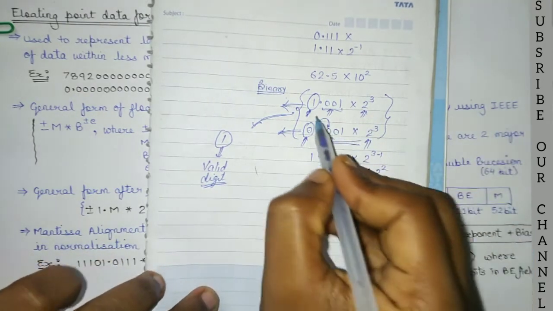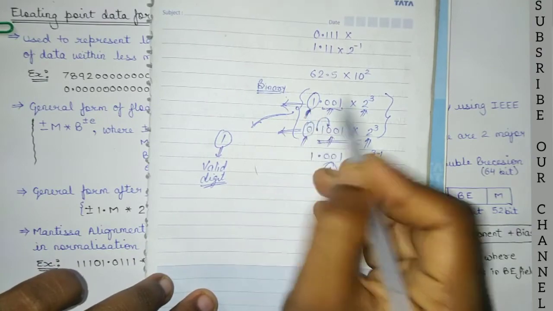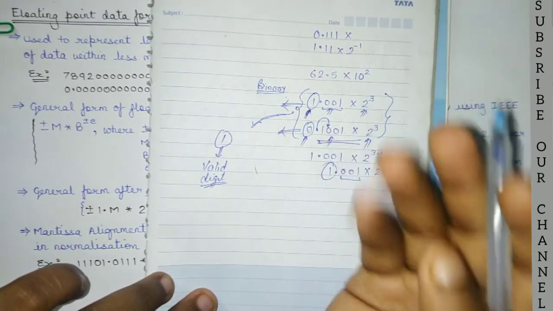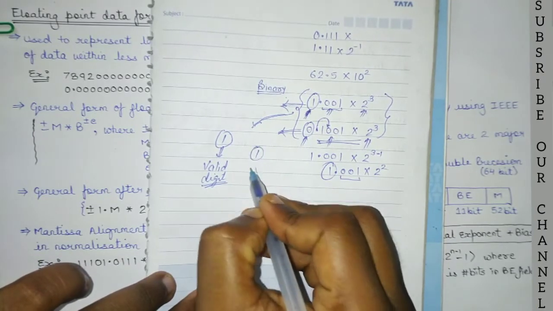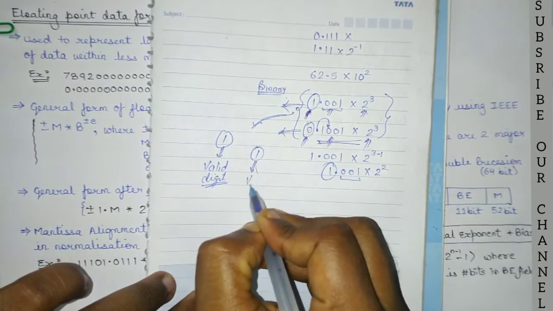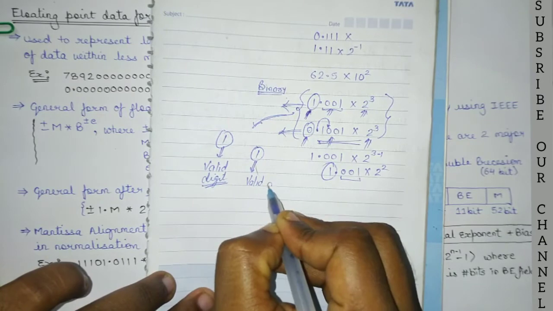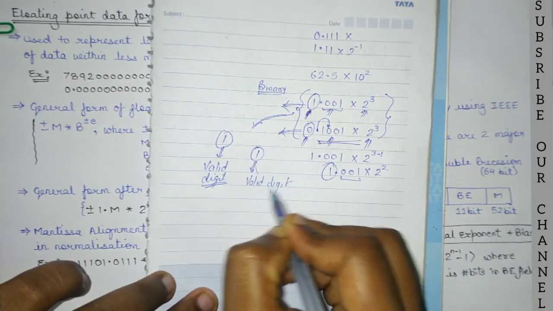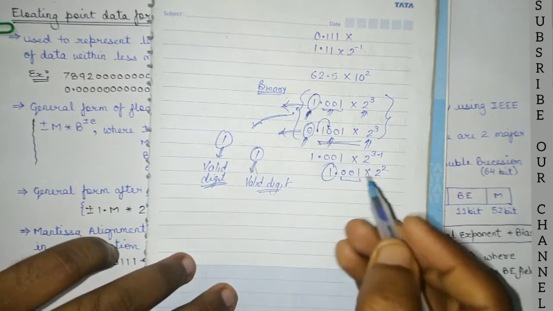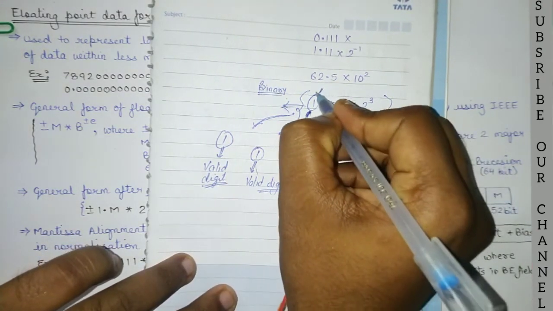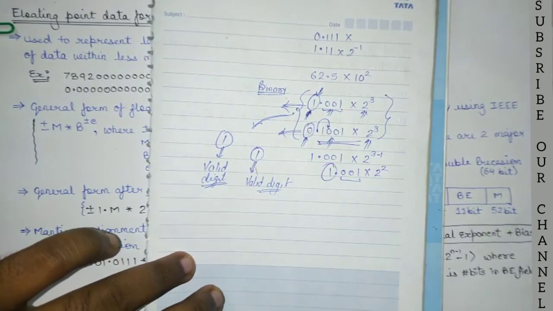So I am taking the part which is not in the fraction as 1, making it implicitly 1, and we are considering that this 1 is a valid digit. So if this 1 is a valid digit, we are not forced to store it.